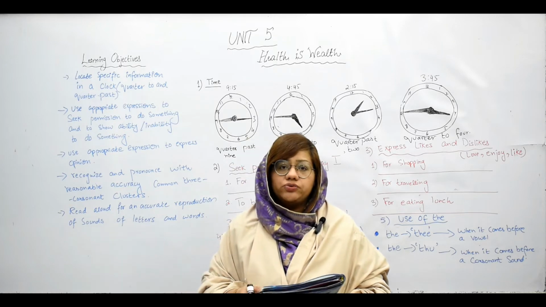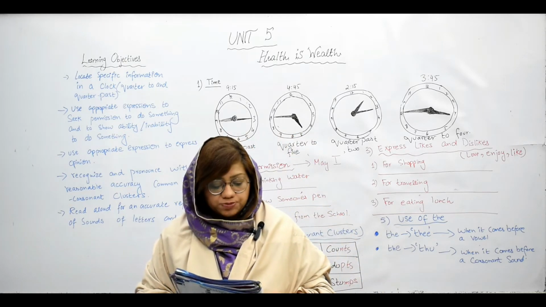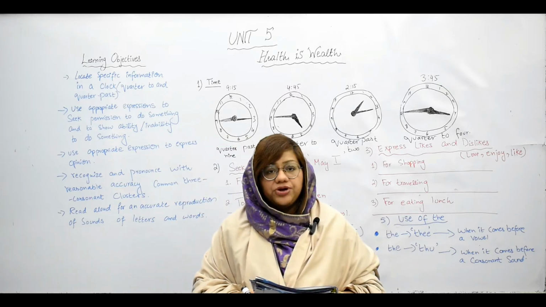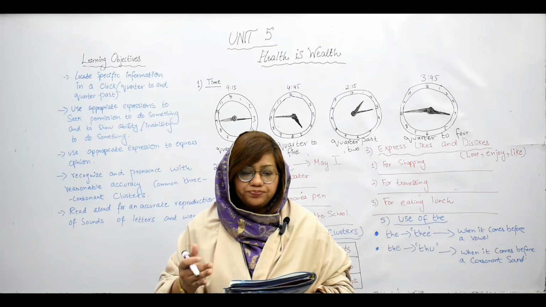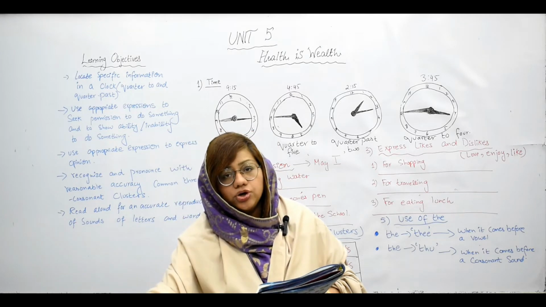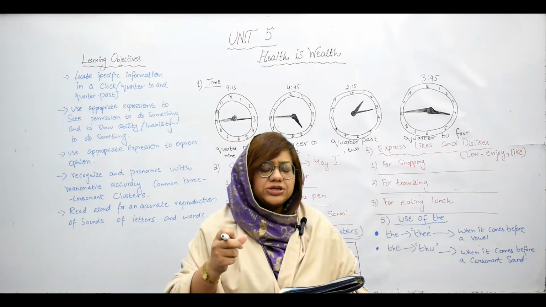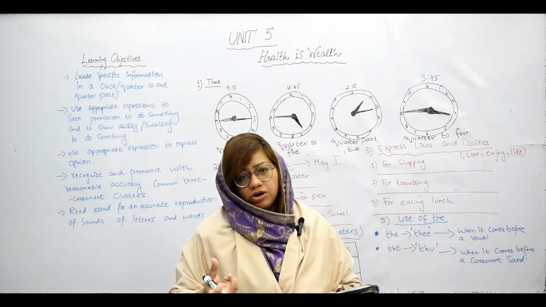Here there are some examples already given in your textbook. For example, I'm reading that one. There is a conversation between two persons. Alyan: May I borrow your storybook? This means that he is seeking permission to get the storybook.